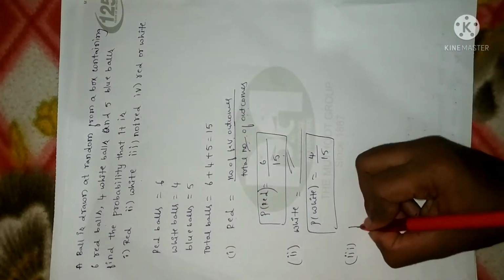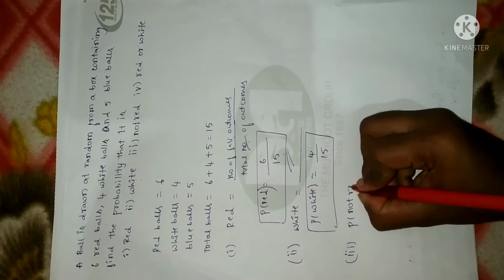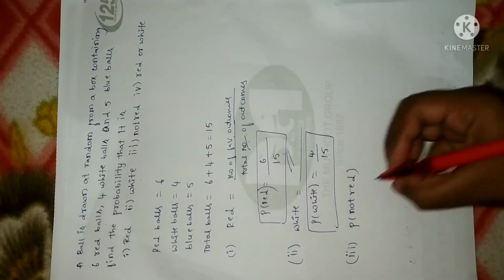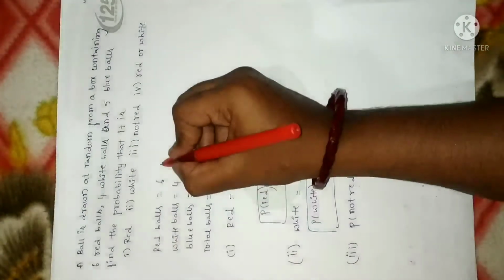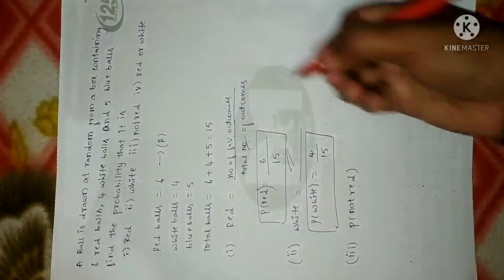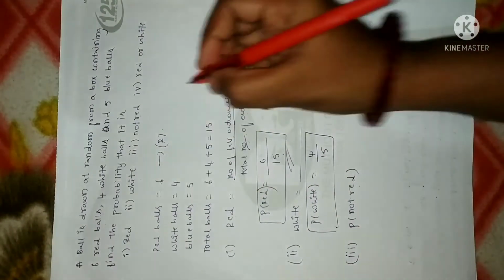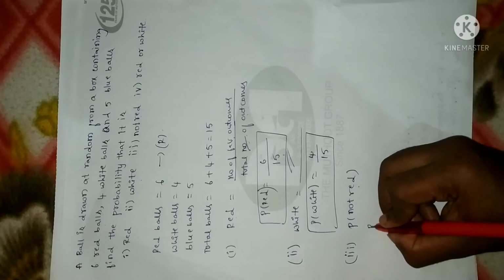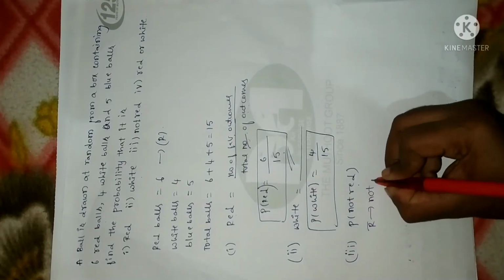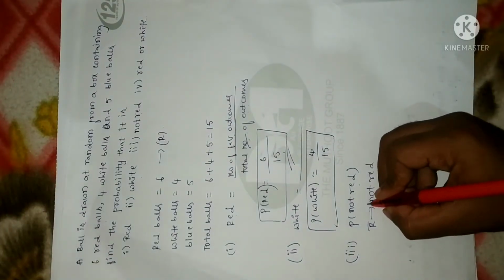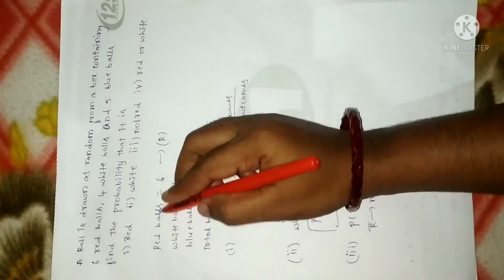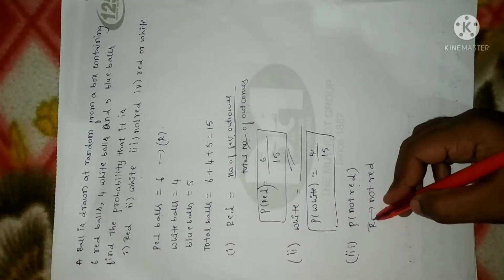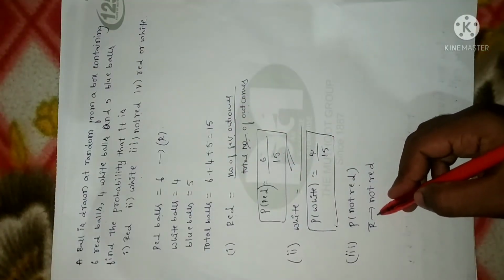It is not red. Probability of not red. Not red in the sense, let me take red as R. So if event R is getting red, R bar represents not red. Complement of an event. If R represents a red ball, then the complement, that is R bar, represents a ball which is not red, right?